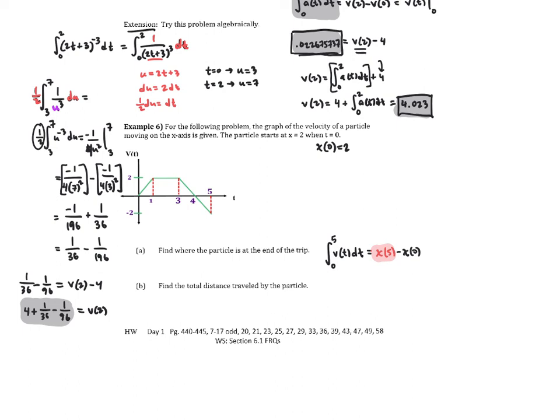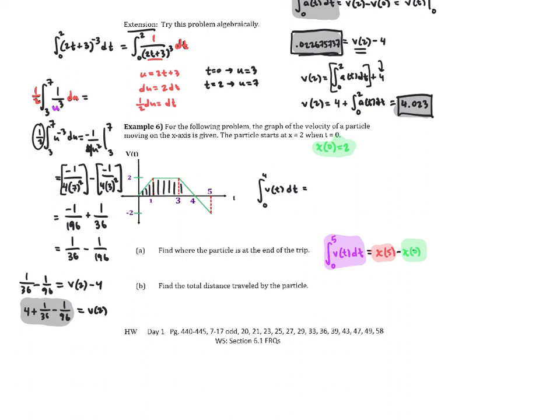So we need to find a value that represents this expression, which of course is going to be the displacement of the graph. And we need to know a value for its initial starting position, which we know is 2. So let's look at the area trapped beneath the graph. The integral from 0 to 4 of v of t is simply the area of a trapezoid.